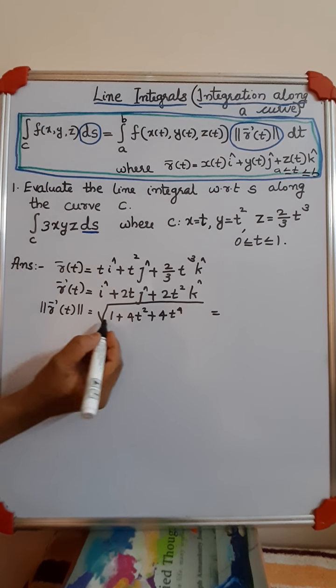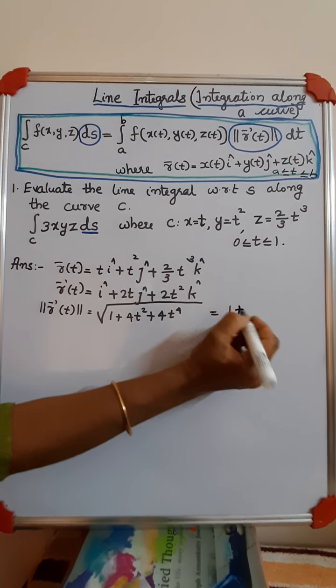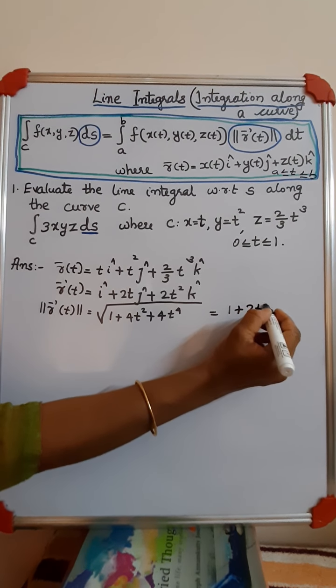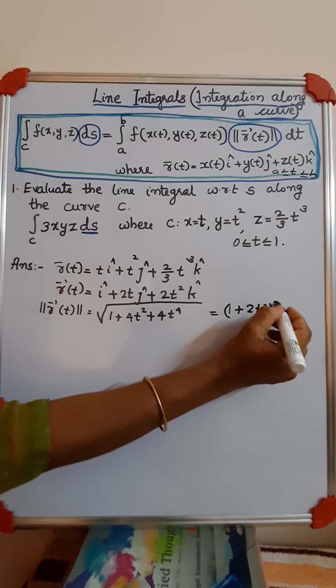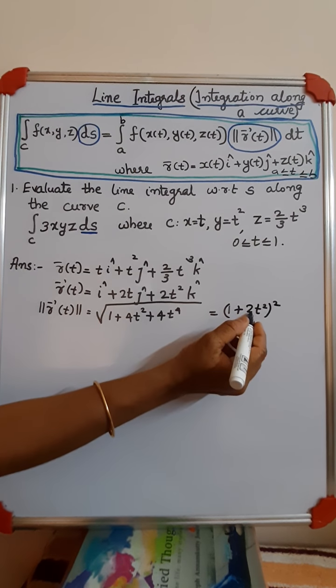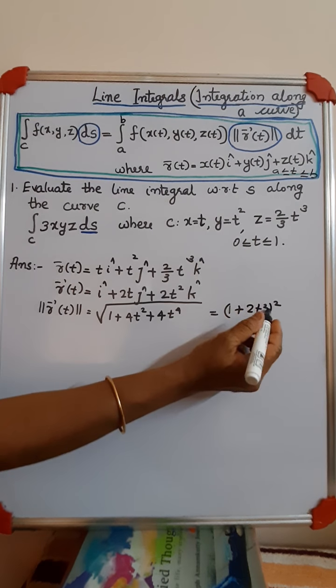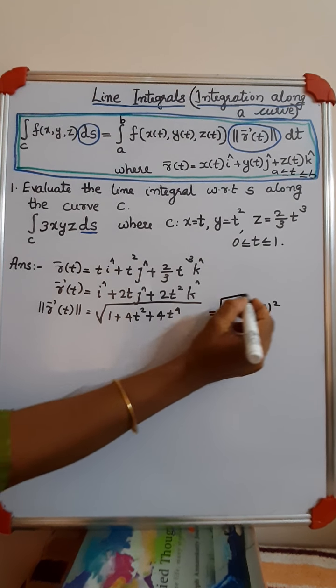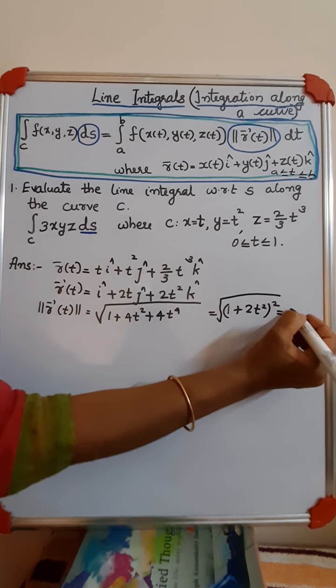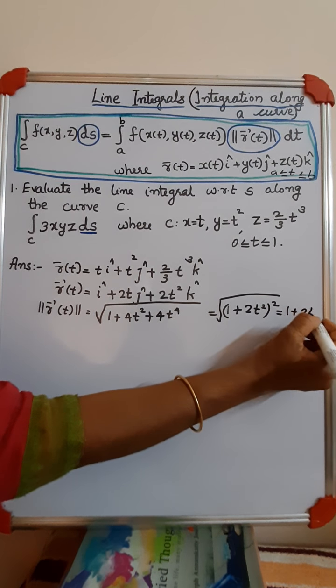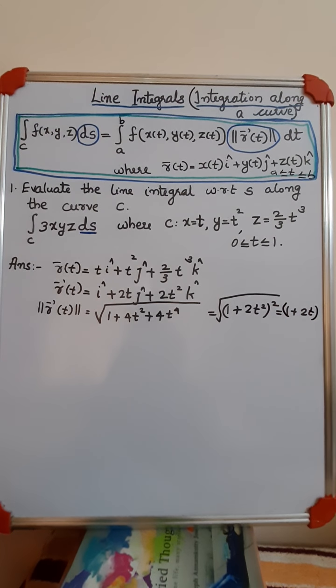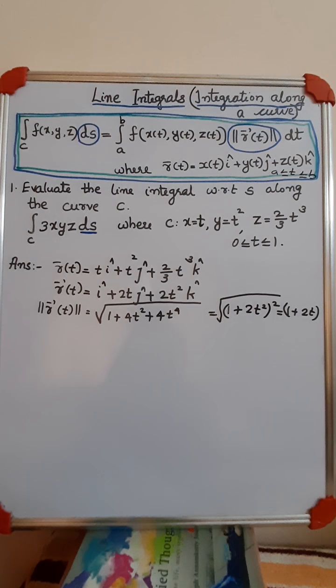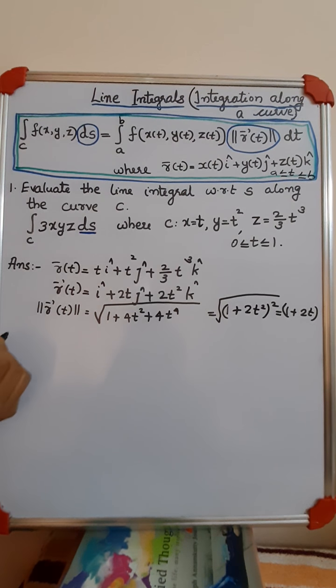So we can write it as 1 plus 2t square the whole square, that is 1 plus 2 into 2t square plus 4t to the 4, and its square root. So what can we write? 1 plus 2t square is norm of r dash of t. Now we can integrate this function.